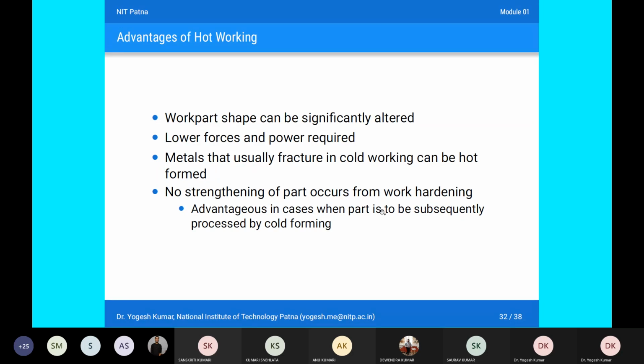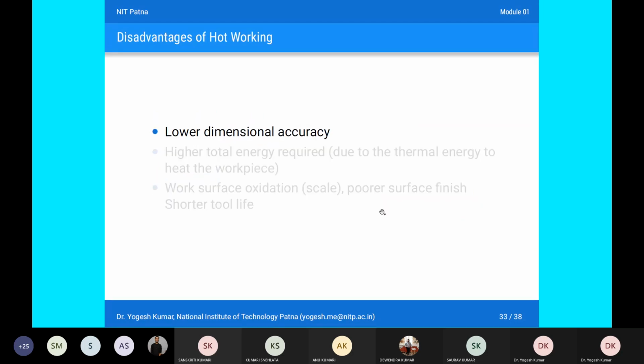Now let us move to some disadvantages which I have listed out. After that, we will move to the next topic. The disadvantage of hot working processes is first the dimensional accuracy.